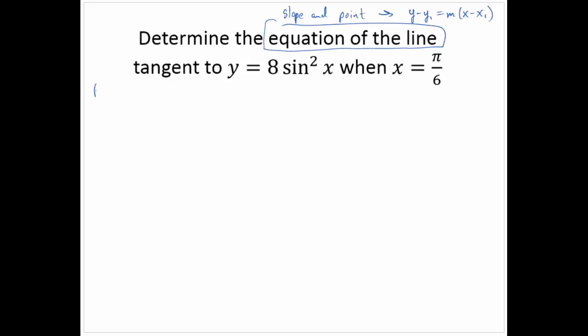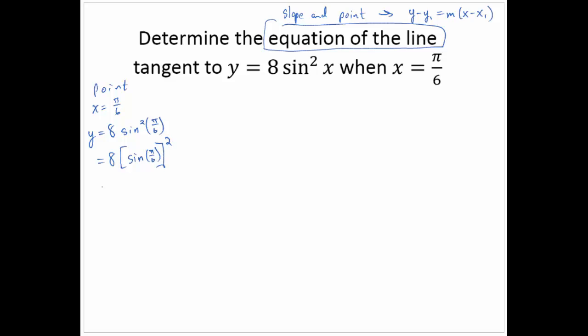I need a point. Well, I know that we want it when x equals pi over 6. So if x is pi over 6, then y would be 8 sine squared of pi over 6. Recall that sine squared means I would take the sine of pi over 6, find that result, and then square it.